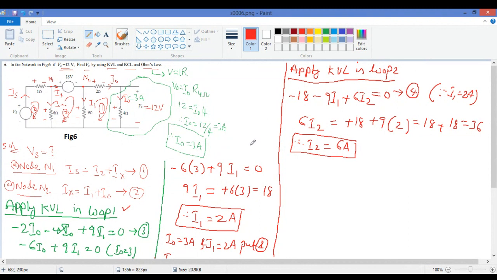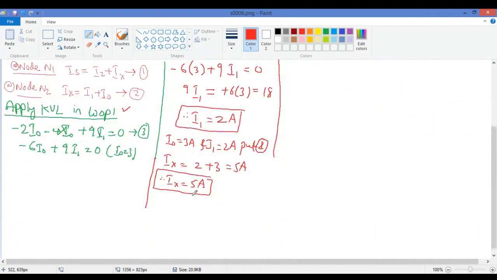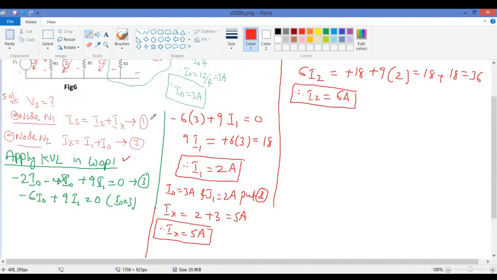Now I2 is 6 ampere and Ix is how much? Ix is 5 ampere. We'll put this in equation 1. From equation 1, we got Is is equal to I2 plus Ix.